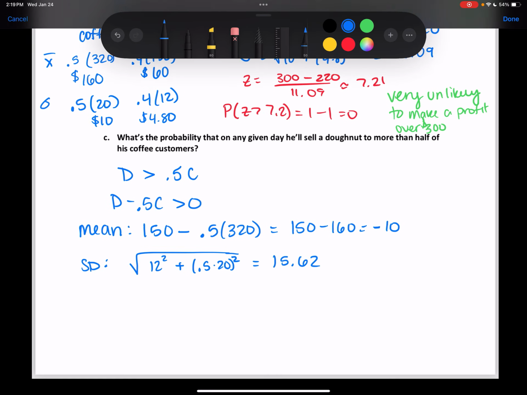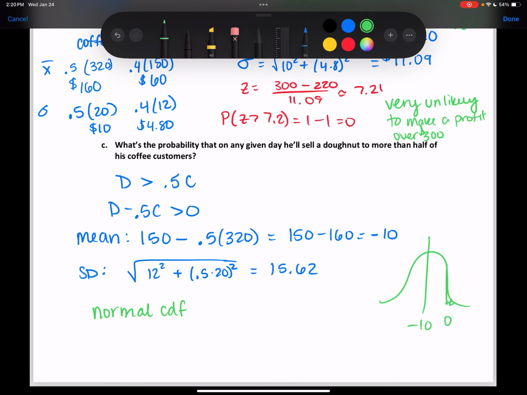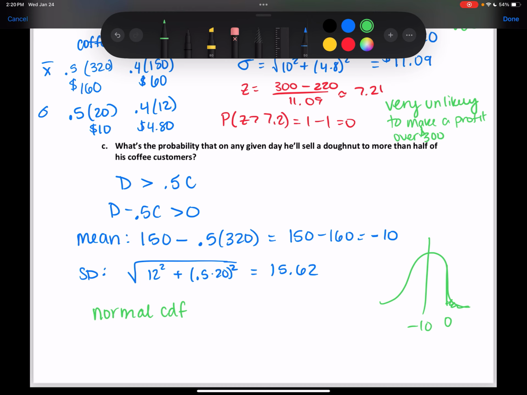Okay, so with this one, when we put this into normal CDF, to explain something here. More than half means that they have to break even. So the mean is -10, but breaking even is 0. He wants to be at 0, breaking even or better.